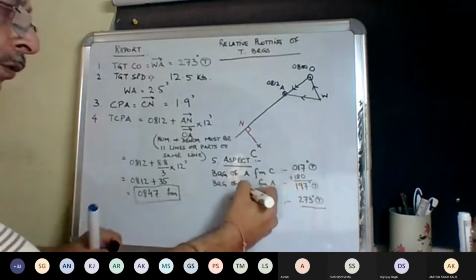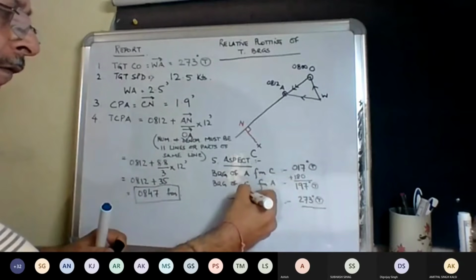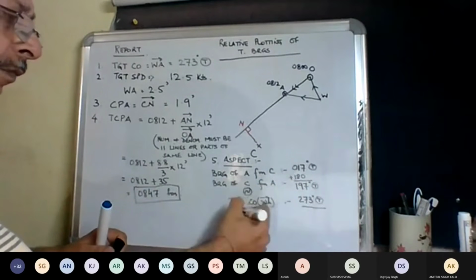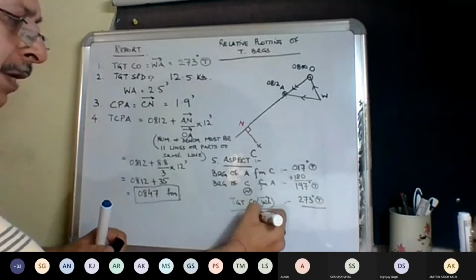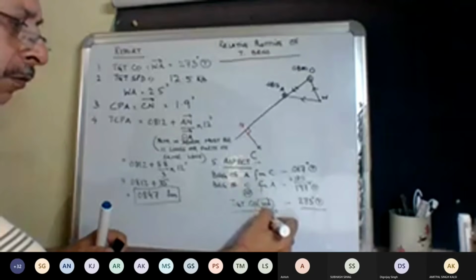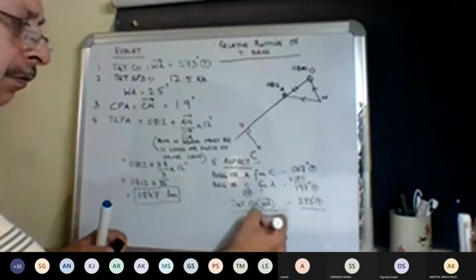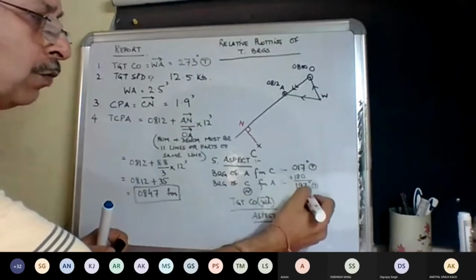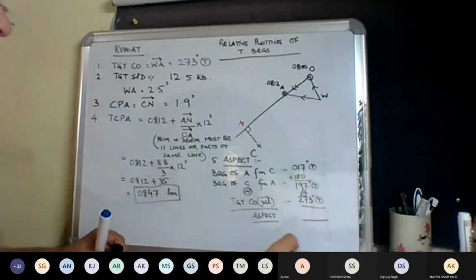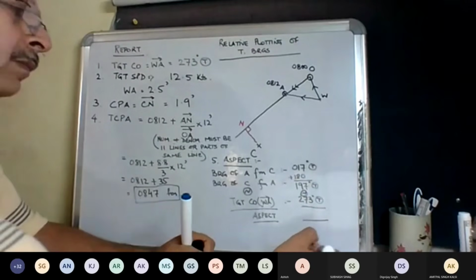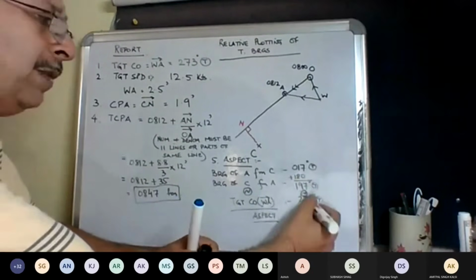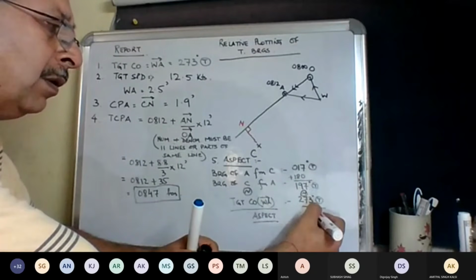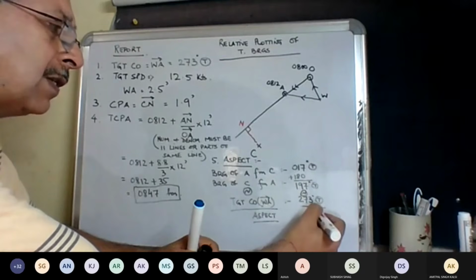Difference of the two fellows will give me aspect. Difference of these two fellows, whichever is greater, will give me aspect. So 197 minus 273, 273 minus 197 is 76.